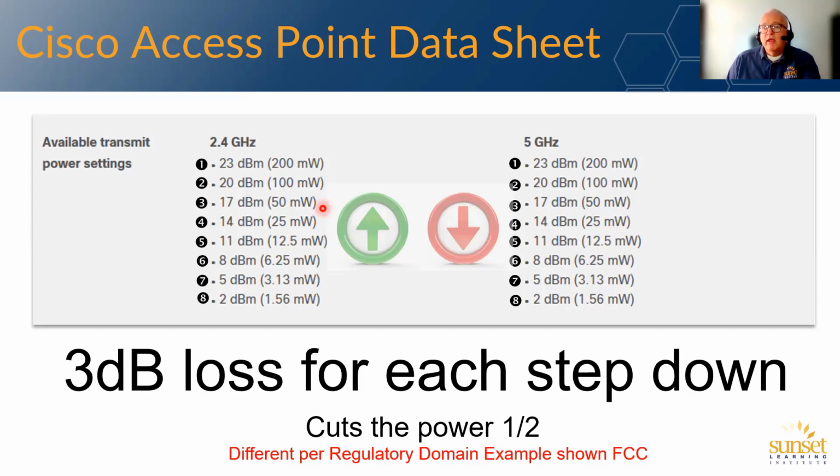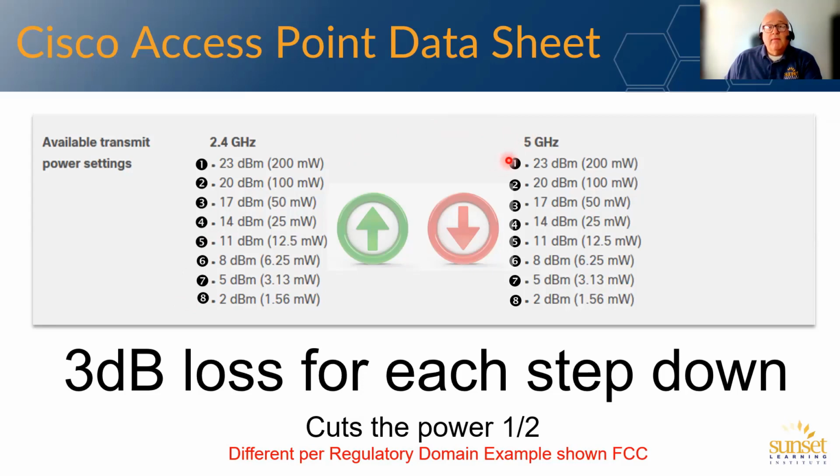Take note: if you drop from 200 to 100, you just cut your power in half. If you drop from 100 to 50 milliwatts, you just cut your power in half, and that's what we call a 3 decibel loss. So as you step down from 1 through 8, my power is strongest at a 1 and lowest at an 8.